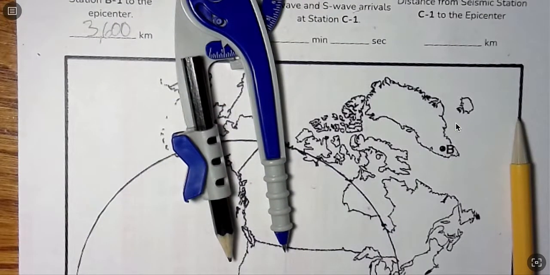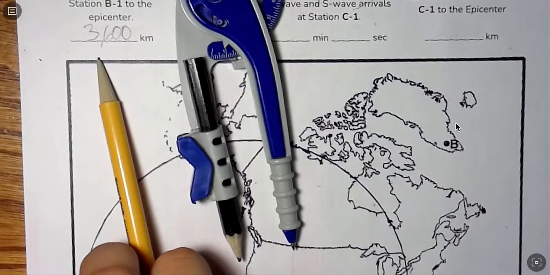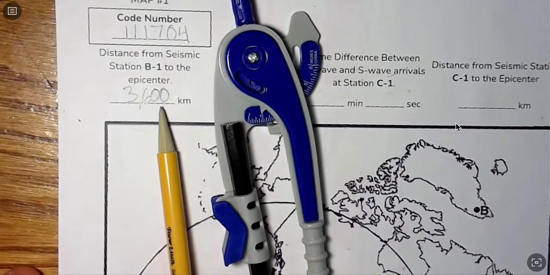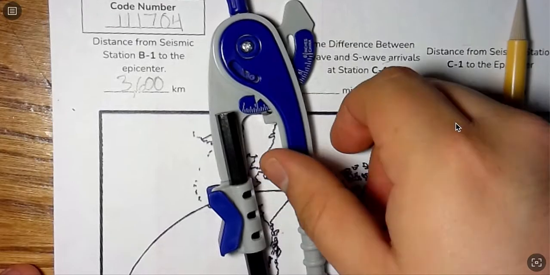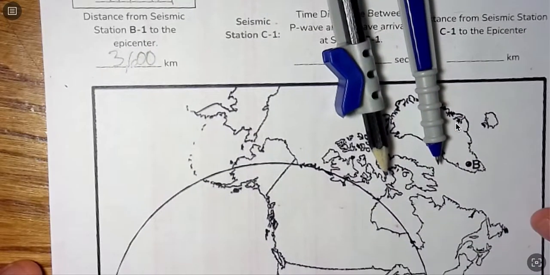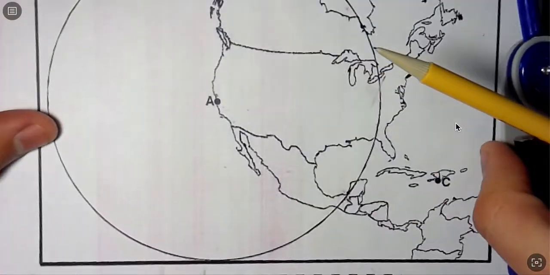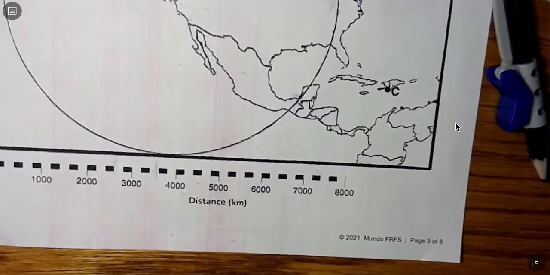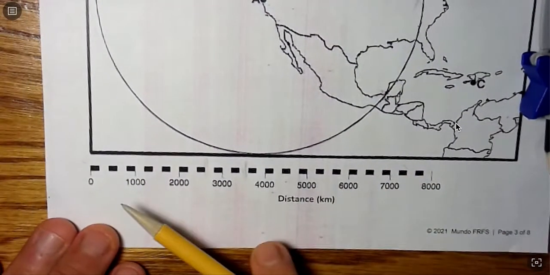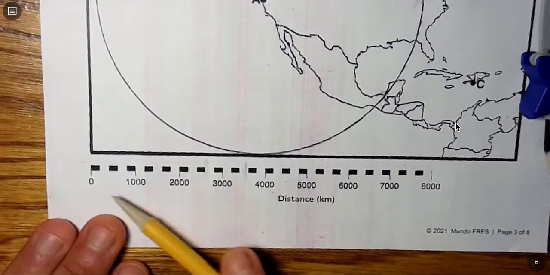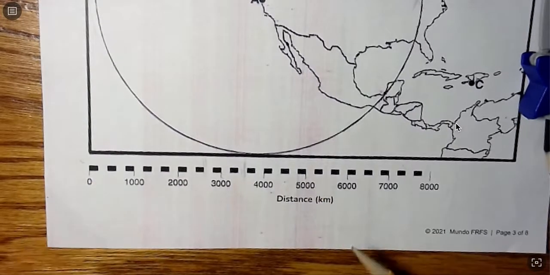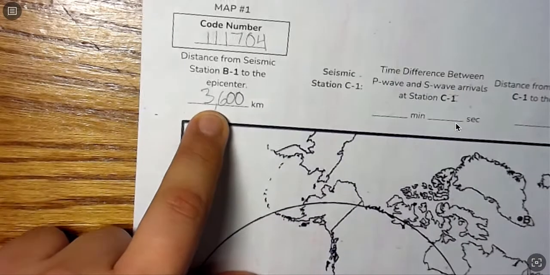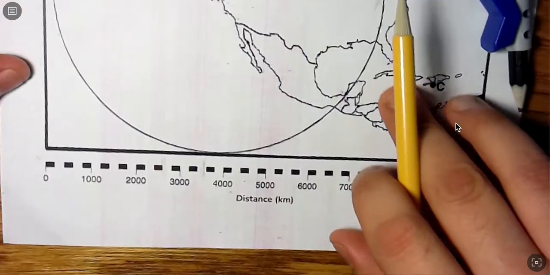Notice that the distance from seismic station B1 to the epicenter was actually 3,600. At the bottom of the map, you should be looking at the scale. So when you look at the scale right here at the bottom, you should be able to see that it has, in kilometers, the distance, it goes from 0 all the way to 8,000. Well, we want to go to 3,600 because that is the distance from seismic station B1 to the epicenter.